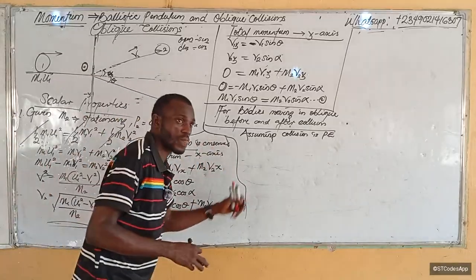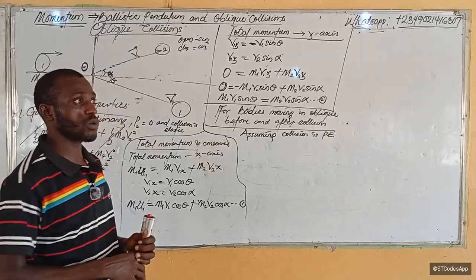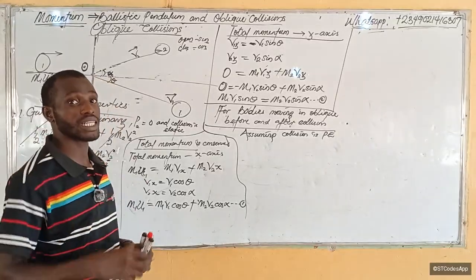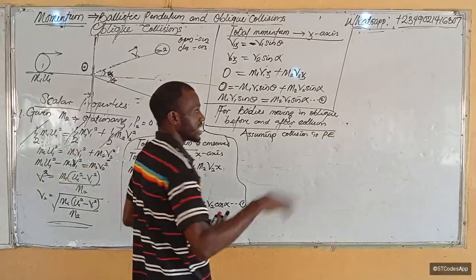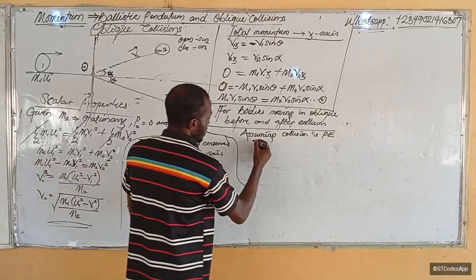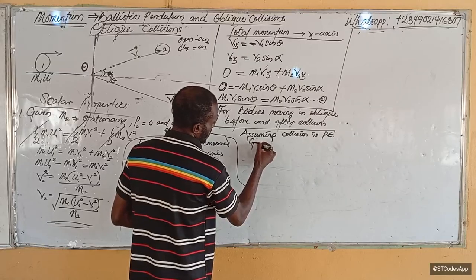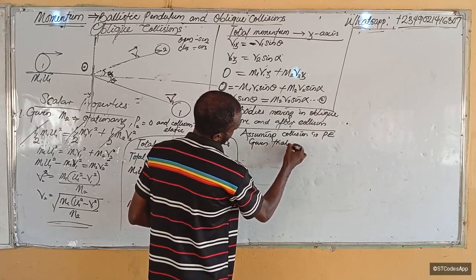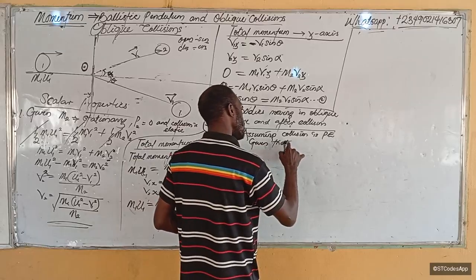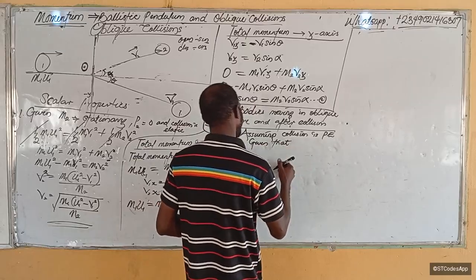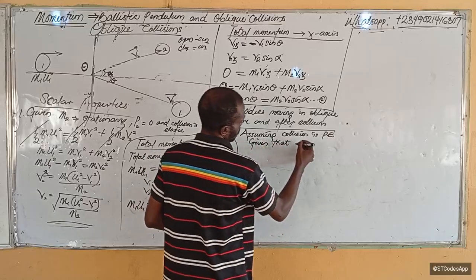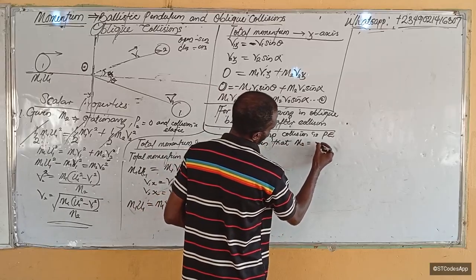So in this one also, let's assume it's only one of the bodies that was moving obliquely and the other body is still stationary. Given that m2, for example, is stationary.